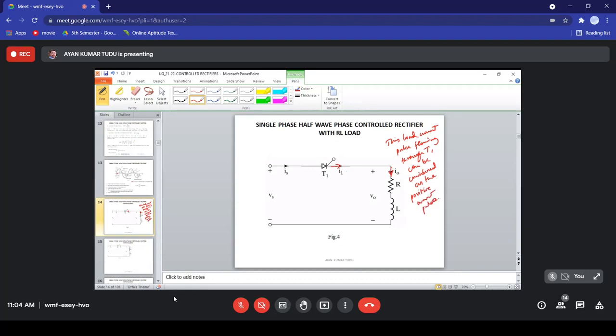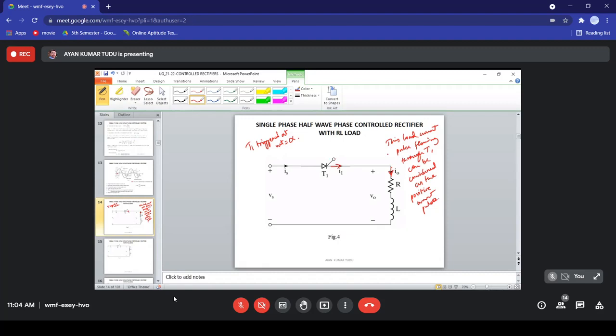Why positive? Because that current flows during the positive half cycle of the input supply, when the thyristor T1 is triggered at omega T equal to alpha by applying a suitable gate trigger pulse to the gate lead of the thyristor T1.